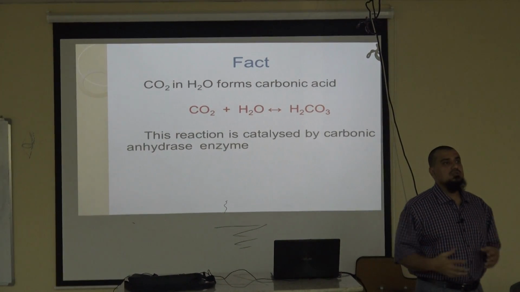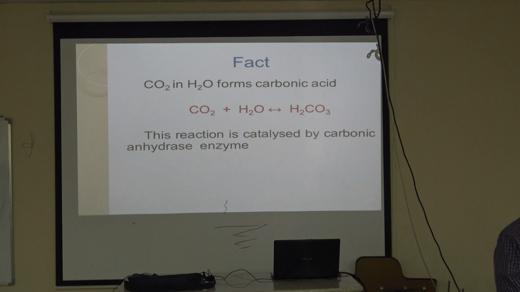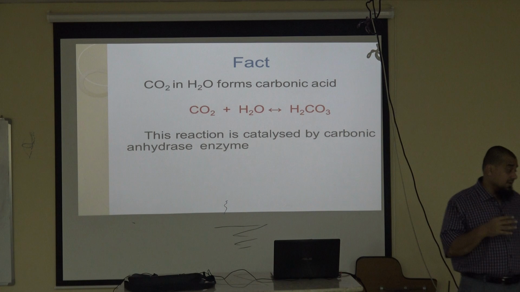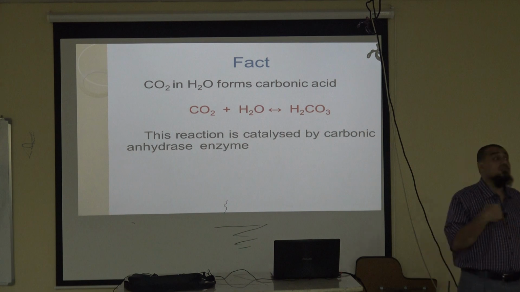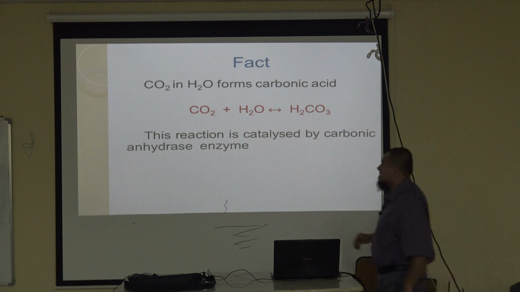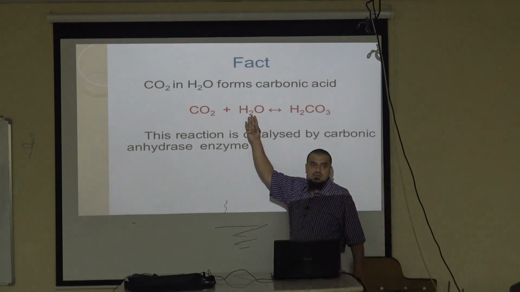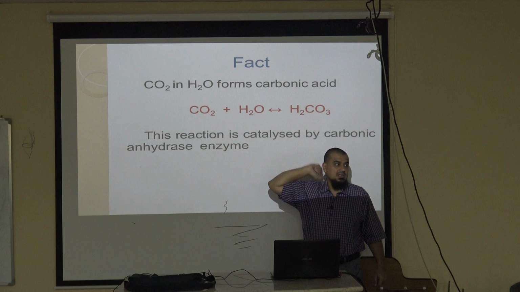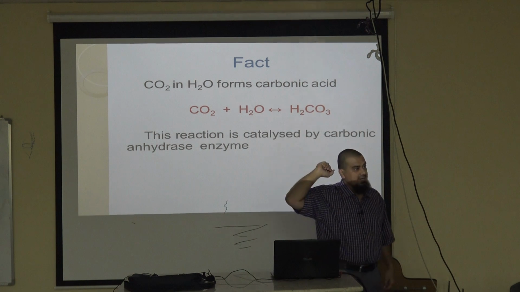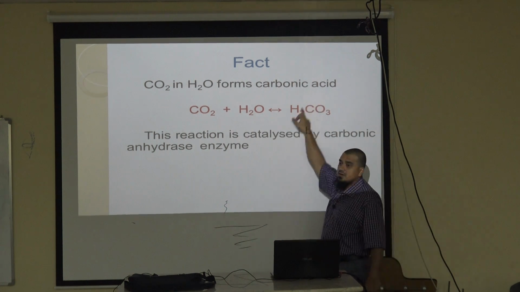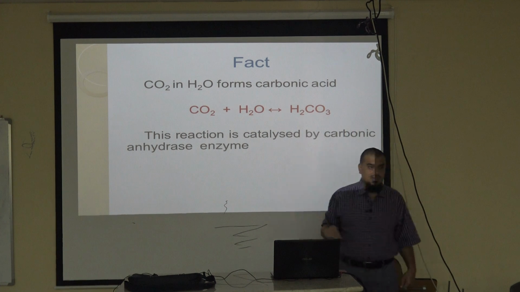The other fact we need to know is that as a result of metabolism in the tissues, we produce carbon dioxide. And this carbon dioxide is also a reflection of acid. Why? Because carbon dioxide all the time reacts with water under the influence of the enzyme carbonic anhydrase, and it produces carbonic acid.